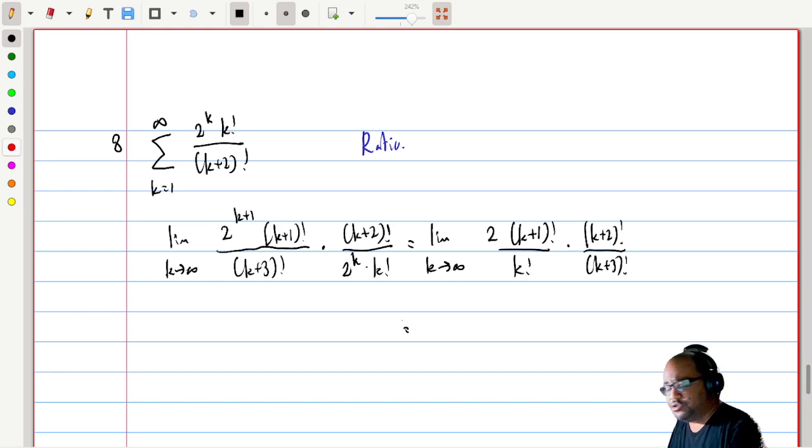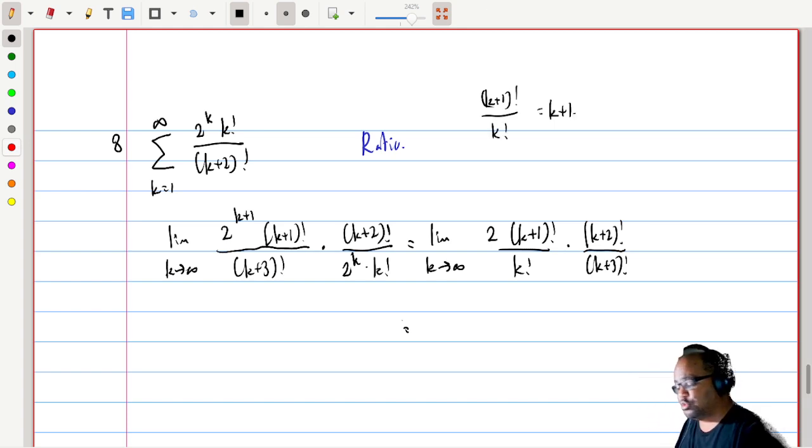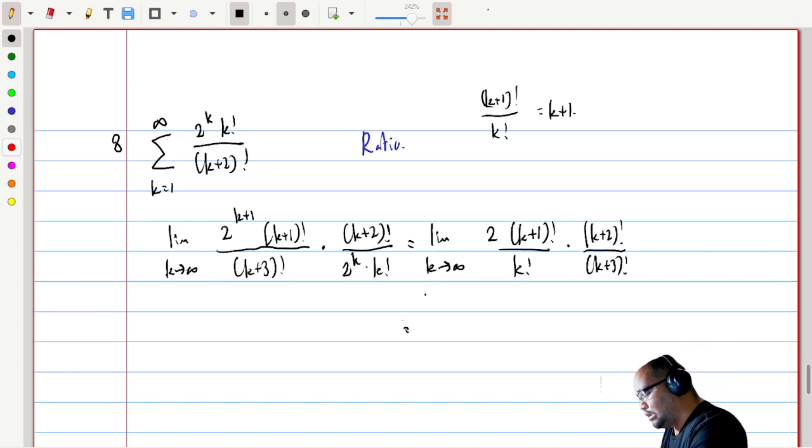Now, by the recursive nature of the factorial, k plus 1 factorial divided by k factorial is just k plus 1. And of course, when you take reciprocals, you get a similar result. Okay? So here, I'll have the limit as k approaches infinity of 2 times k plus 1. That's what I have left over in the numerator. And in the denominator, I have a k plus 3 left over.